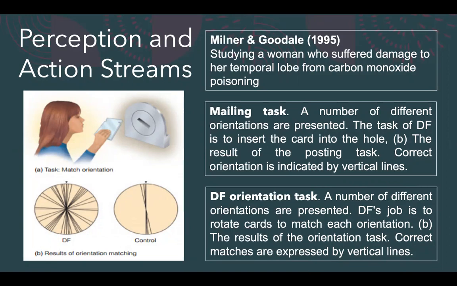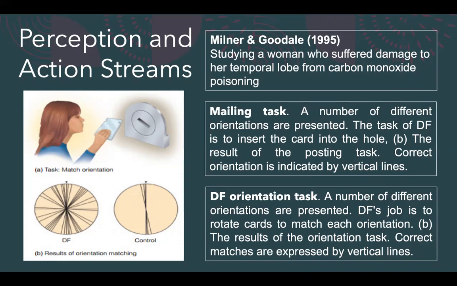Perfect matching performance would be indicated by a straight line, but DF's responses are really scattered, as you can see in this left figure in the B part.